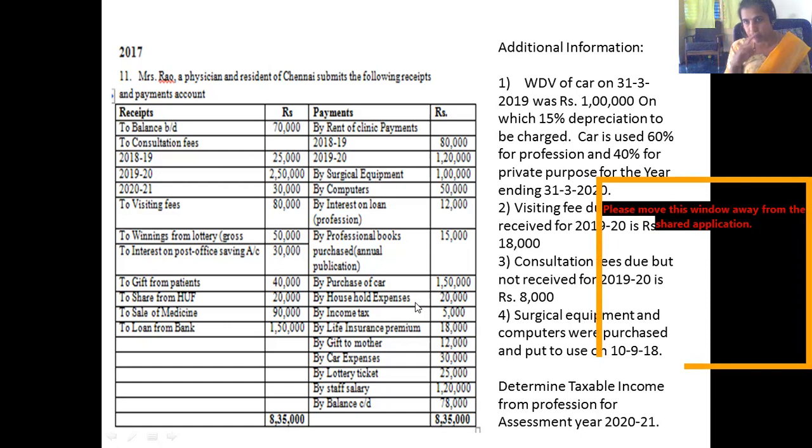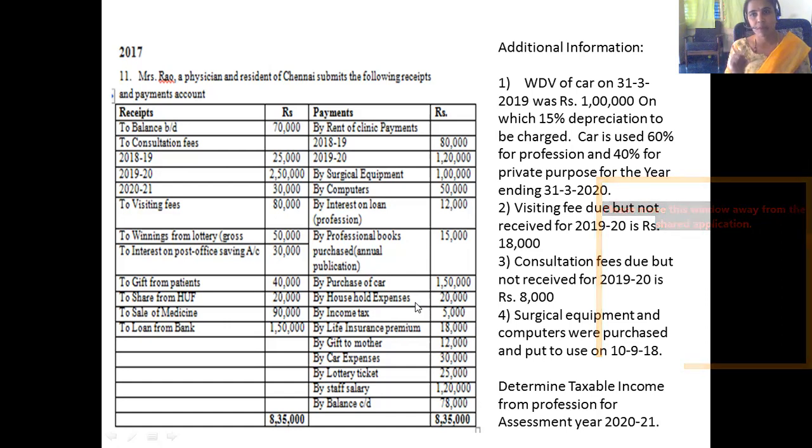Going by the adjustments here, regarding written down value, I very clearly told you we will not go by written down value. Whatever is given in the problem, we take up. Visiting fees due: apart from the visiting fees, 18,000 is due but not received.